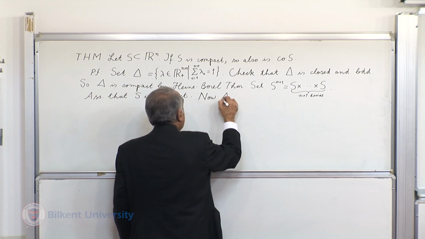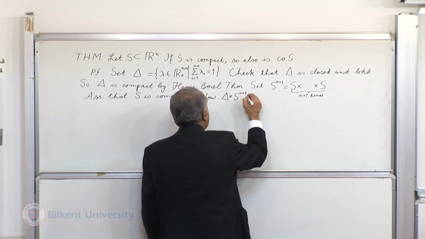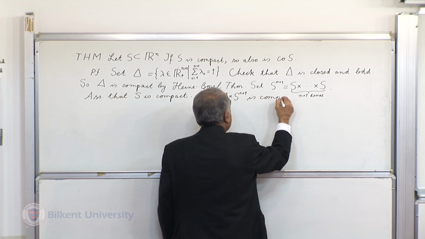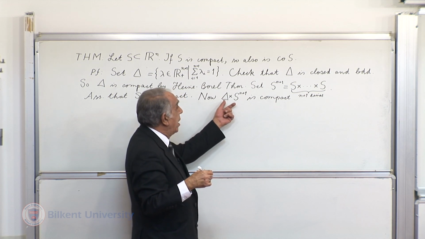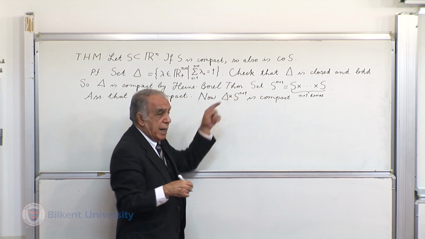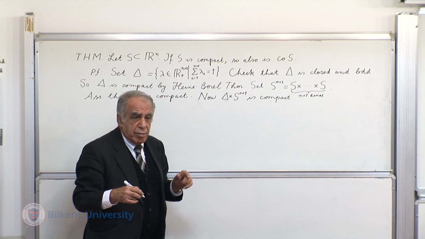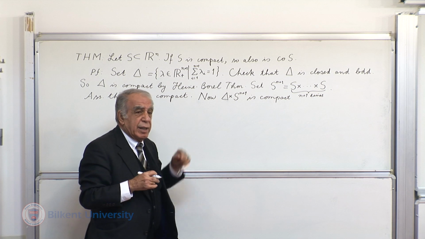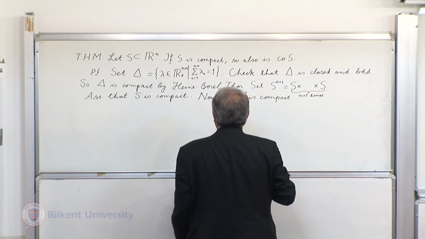But if we take its product with delta as well, it is compact with respect to the product topology. Of what? This is in R2n plus 2, but we know that the product topology there is just the usual topology on R2n plus 2.